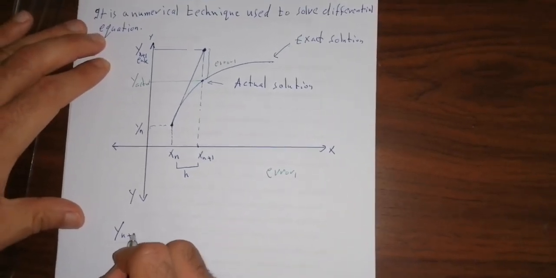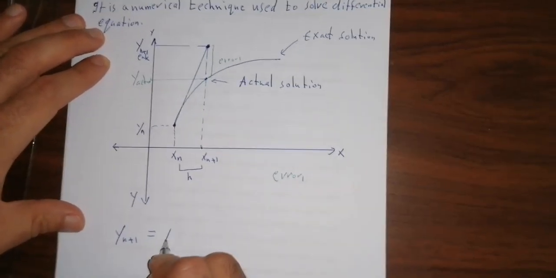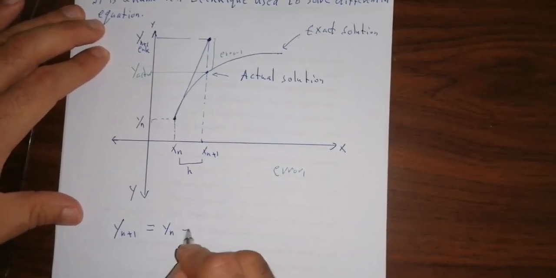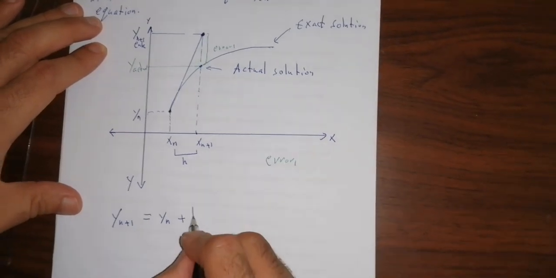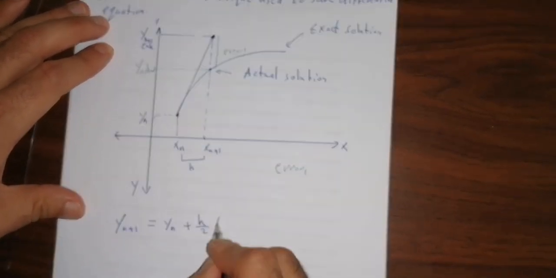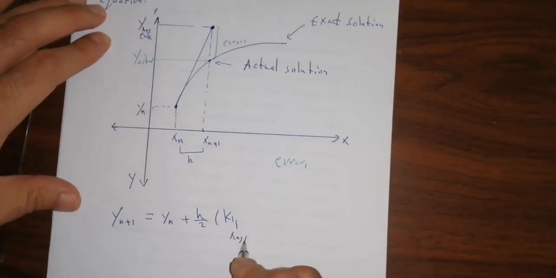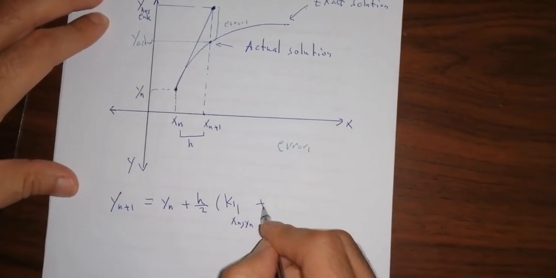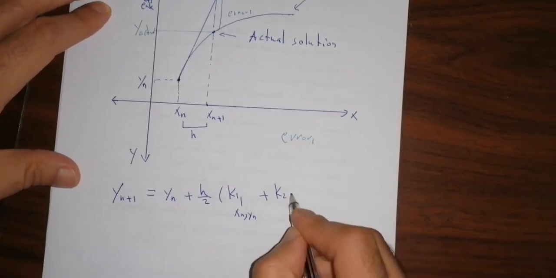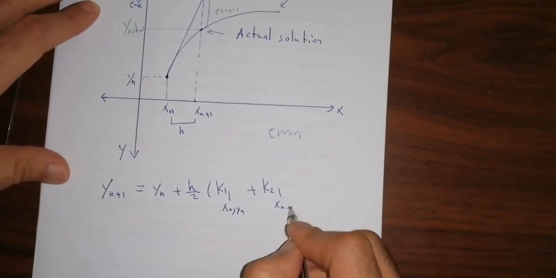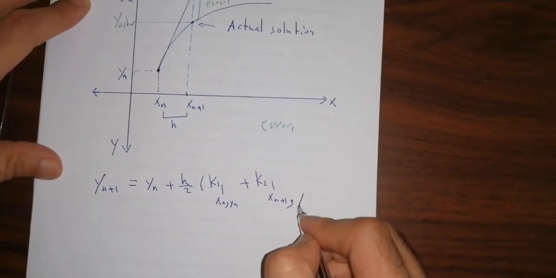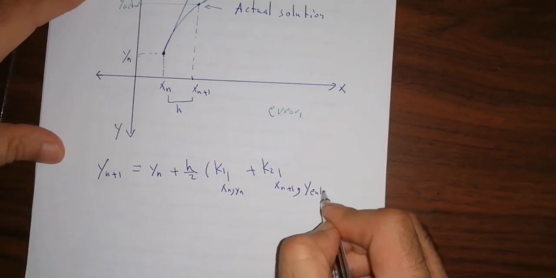yn plus 1 equals yn plus h over 2 times k1 at xn, yn initial plus k2 at xn plus 1 and y Euler.